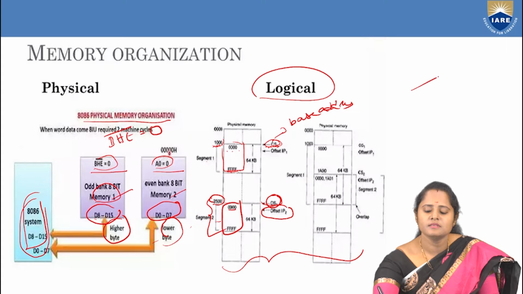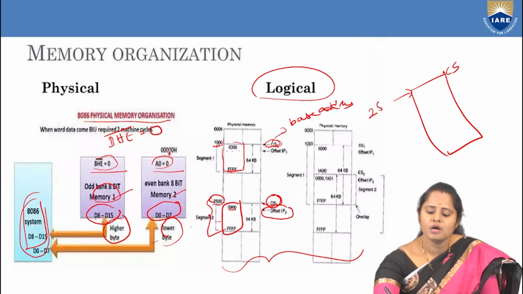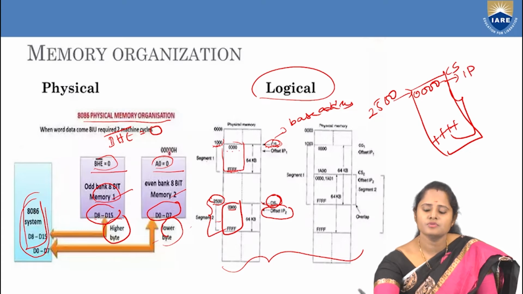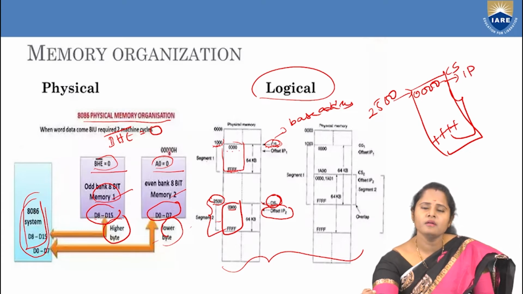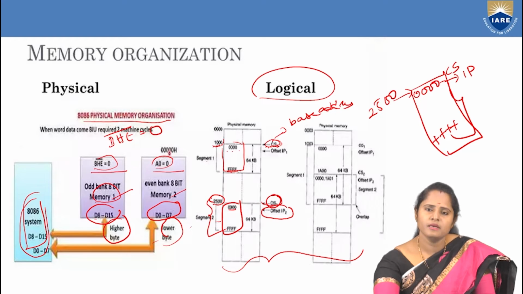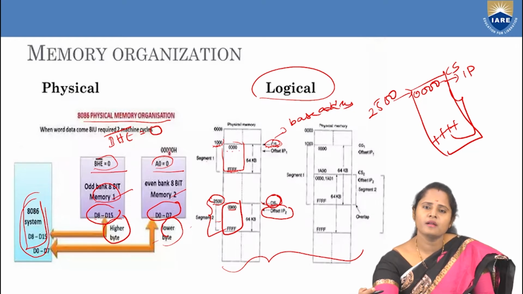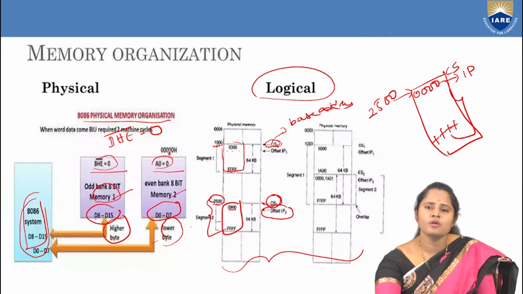This segment will have a code segment address of 2500, and internally the memory is from 0000 to FFFF. From the starting address, the instruction pointer will start from 0. So if I'm giving an address to the segment, in that segment you again have the starting address and ending address in which you are working.